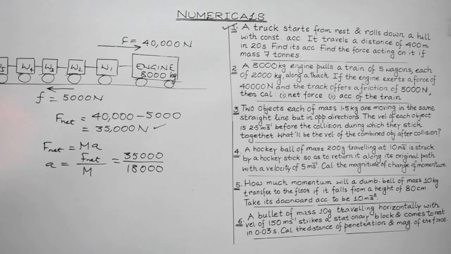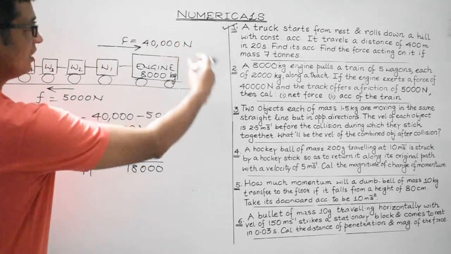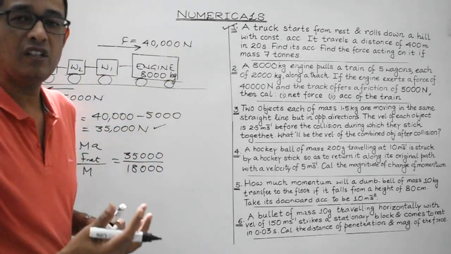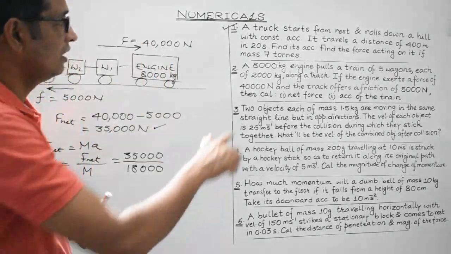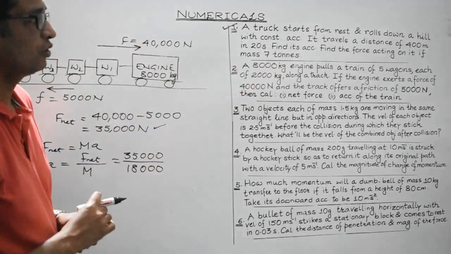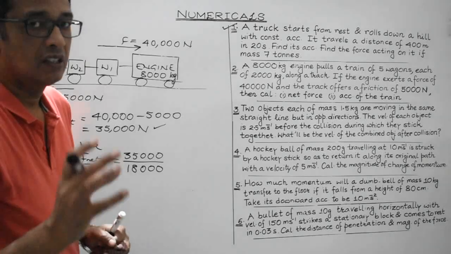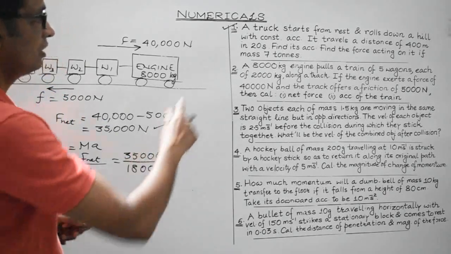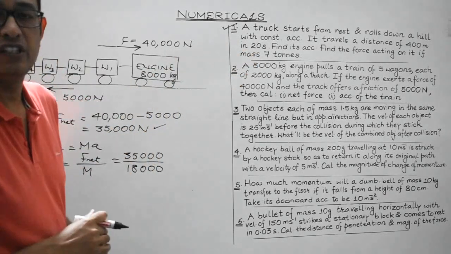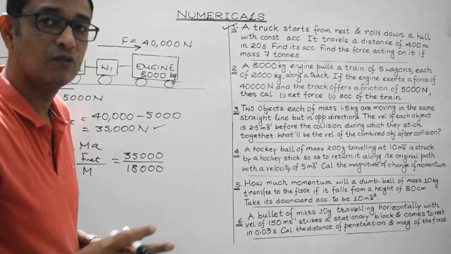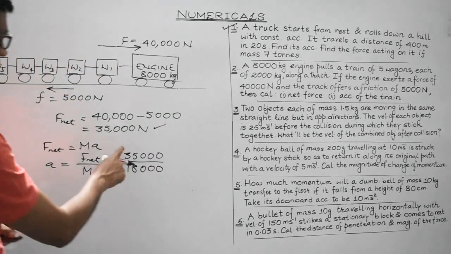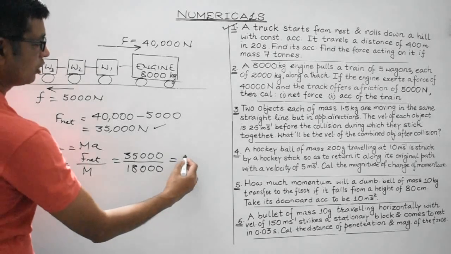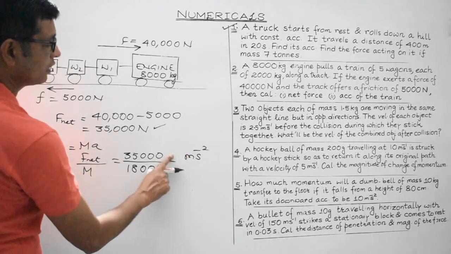Am I clear, students? This M is the mass of the entire system, which includes the engine along with the 5 wagons. Each wagon is of mass 2,000 kg, so 5 wagons will weigh 10,000 kg plus 8,000 is the mass of the engine. So total mass of the system would be 18,000, right? So this will be the answer. It will be in meter per second square.